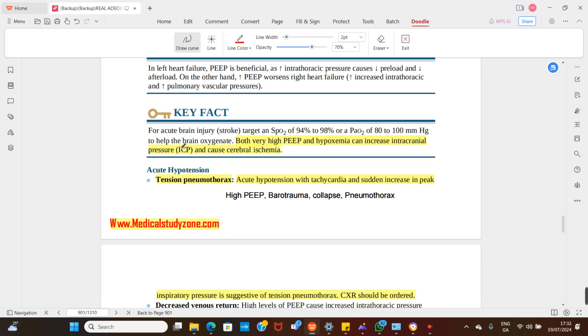So for acute brain injury like stroke, target SpO2 of 94 to 98, or you keep your PaO2 between 80 to 100, to help the brain oxygenate. Both very high PEEP and hypoxemia can cause increased intrathoracic pressure and can cause cerebral ischemia. So what they are talking about here is that if you PEEP the patient, and maybe there's lung collapse from barotrauma, the patient becomes hypoxemic.